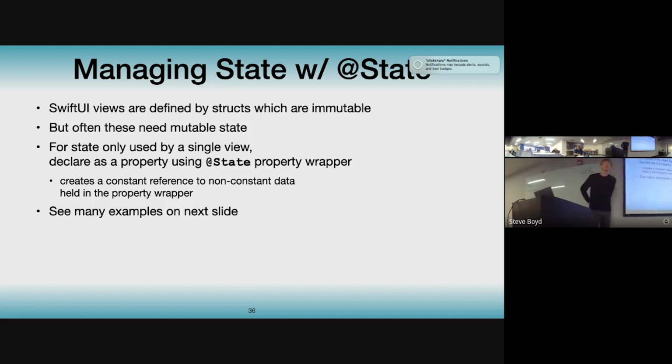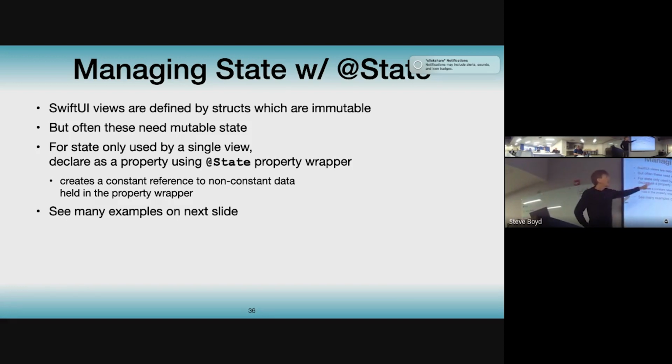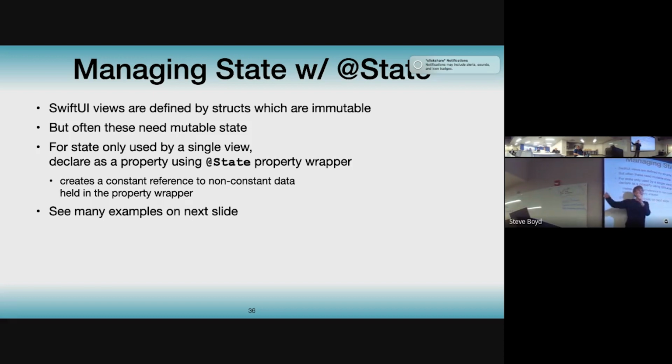And this is important because my views are structs. Remember we said structs are immutable, so I can't be changing properties inside it. But if I have an @State property wrapper, what I get is a constant reference to non-constant data. So it's held outside my view, and I can make changes to it without actually changing the view itself.